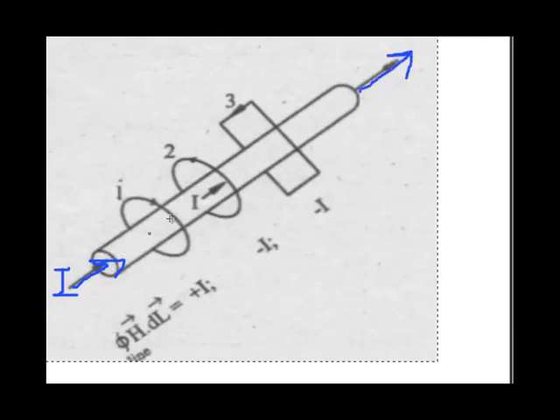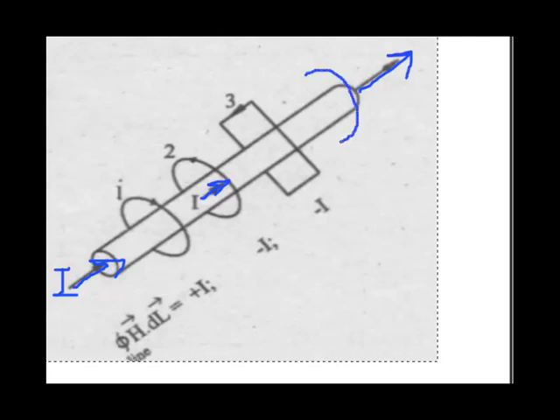If this is the direction of current, then keep the thumb of your right hand in the direction of current, and your curled fingers will show the direction of flux line. The flux line will be in this direction, clockwise. It will go to the back side, then come from that side. So this is the direction of flux phi.